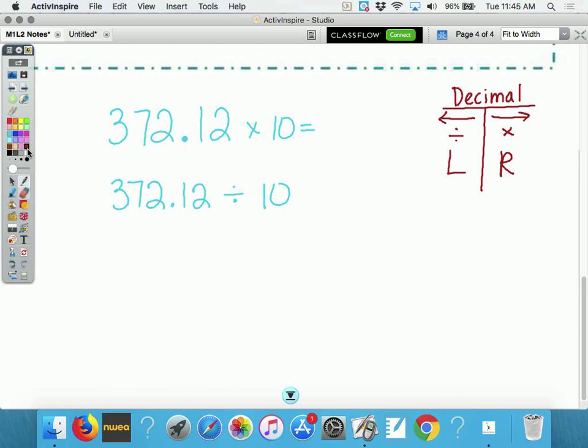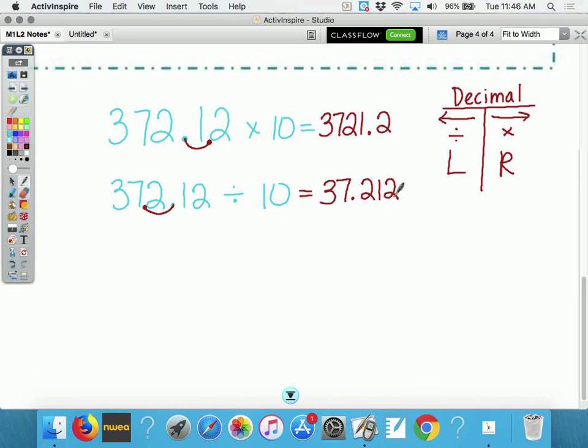Okay, let's see what happens here. So if I'm going to multiply, I'm going to move it 1 place value to the right. So I'll write 3721.2. Is that right? Okay. And if I divide, I'll move it 1 place value to the left. So I'll have 37.212.